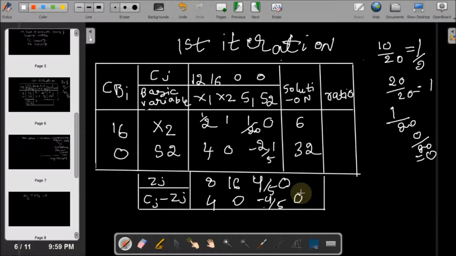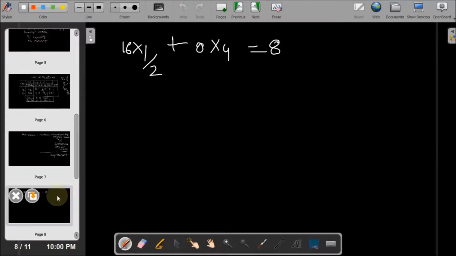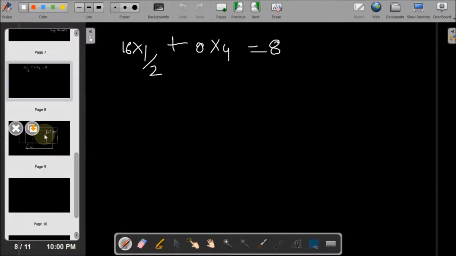Getting, guys? So you can see that the condition is still not satisfied. It should be 0 or less than 0. See here, this value 4 is still positive. That's why I have to continue with the new iteration.